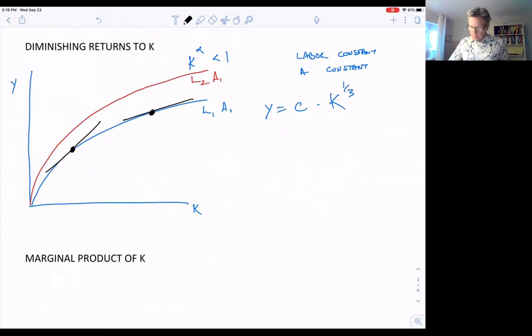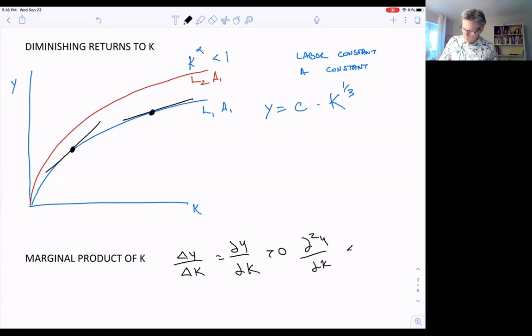So the marginal product is the change in Y over the change of K, marginal product of capital, or partial Y, partial K, which is greater than 0. And the second derivative will be less than 0 because of the diminishing returns.